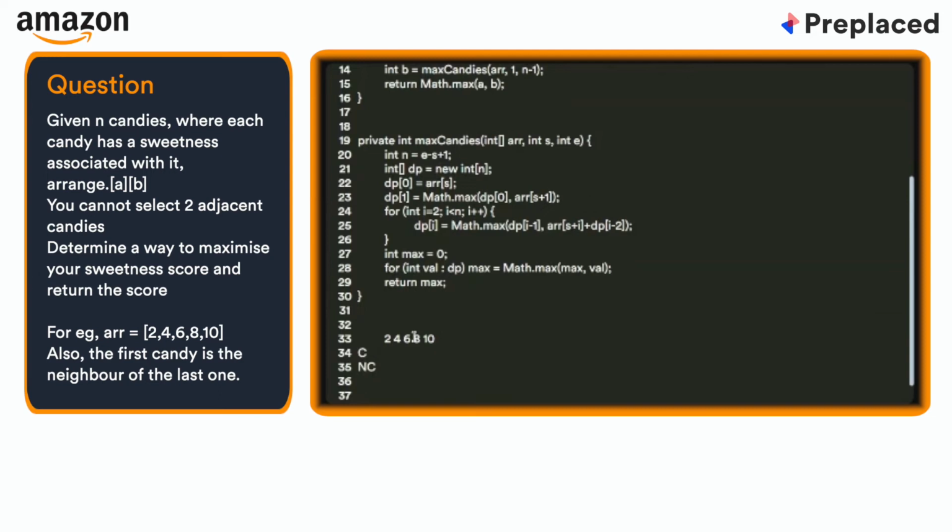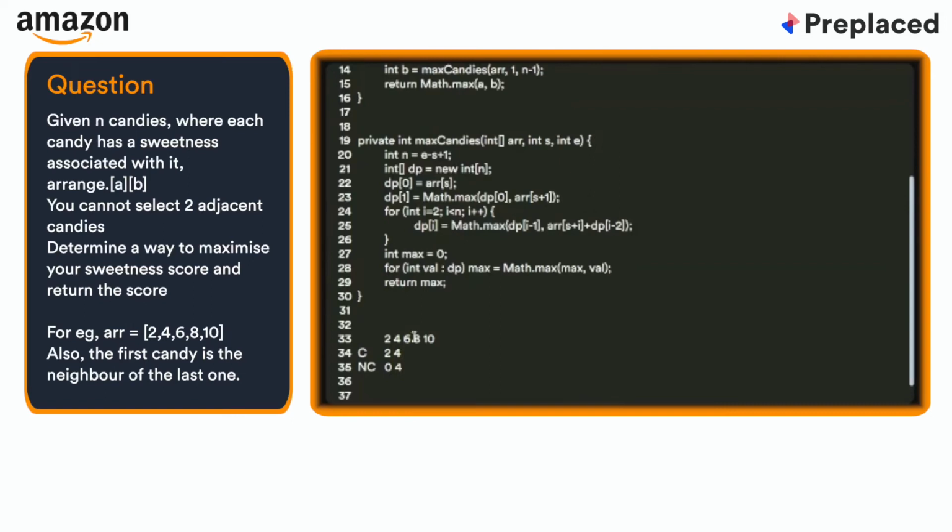If I'm considering it, the maximum will be 2; here the maximum will be 0 because I'm not considering. Now when I have 4, I cannot consider 2 because it's my neighbor. I cannot consider my last index anyway, so it will be 4 here, and here as well it will be 4. Now I have 6.